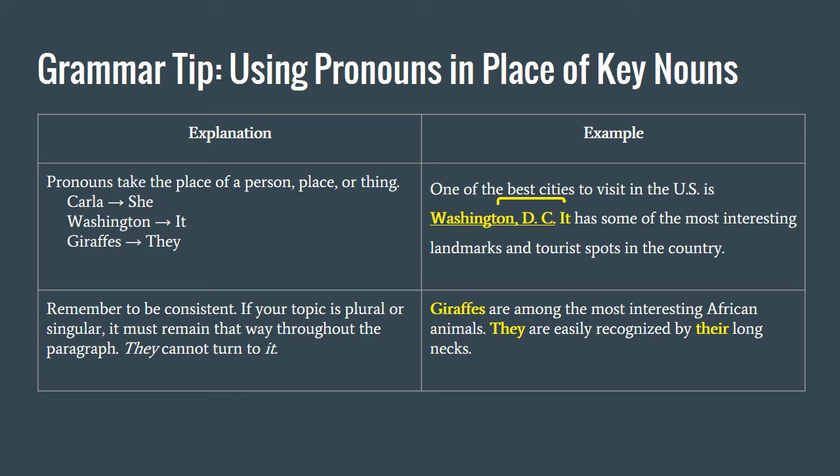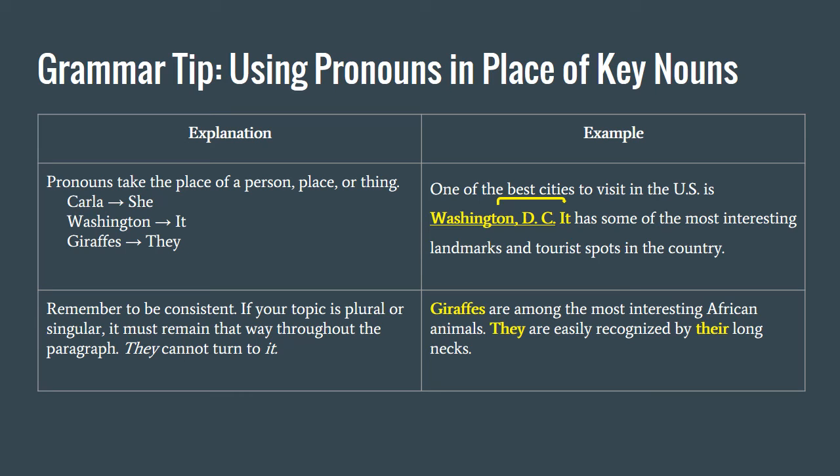Now, remember, you need to be consistent. So this is not just pronouns taking the place of nouns, but if your topic is plural or singular, it needs to remain the same way throughout the entire paragraph. So if we're talking about giraffes, they can't turn into it. So let's look at the example here. This is correct. Giraffes are among the most interesting African animals.